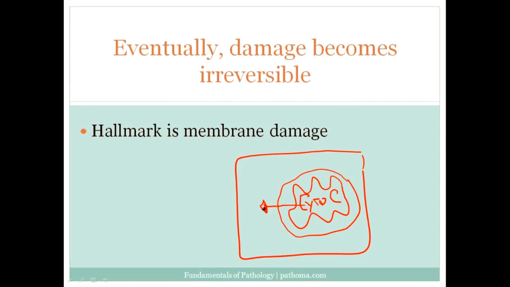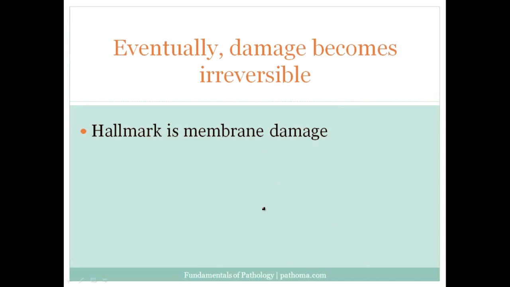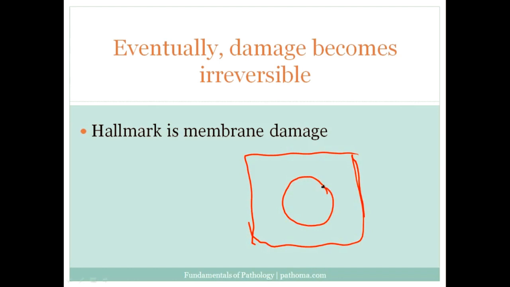A third type of membrane that is damaged is the lysosome. Now let's go back and remind ourselves that if this is a cell, one of the organelles within the cell is a lysosome. The lysosome is sort of the recycling factory of the cell. It contains lytic enzymes that have the ability to trash molecules into their basic building blocks. Now imagine if the enzymes present within the lysosome actually leak out into the cytosol.